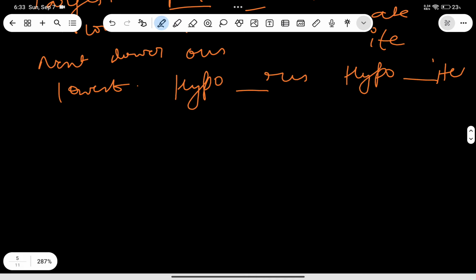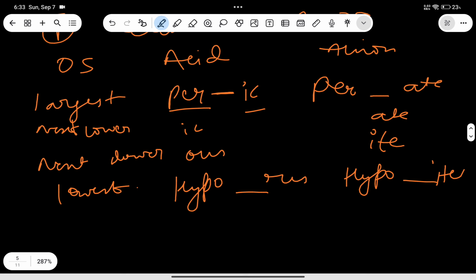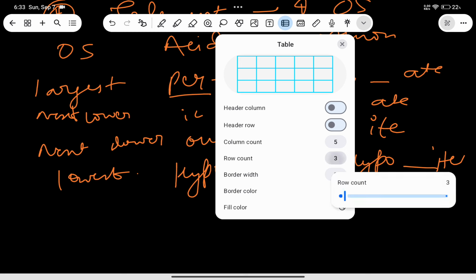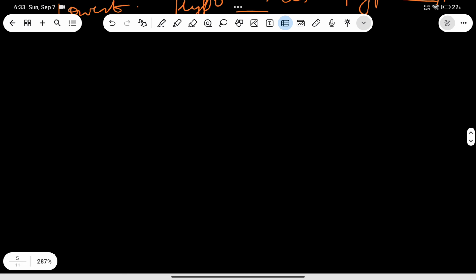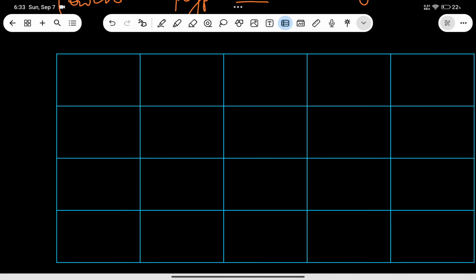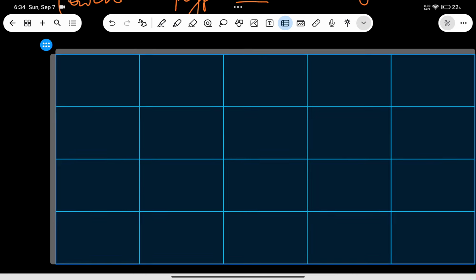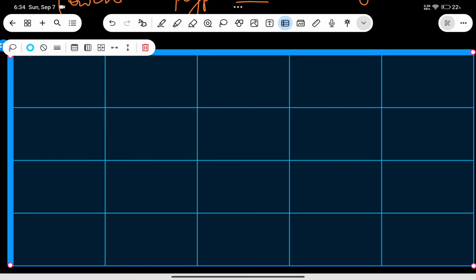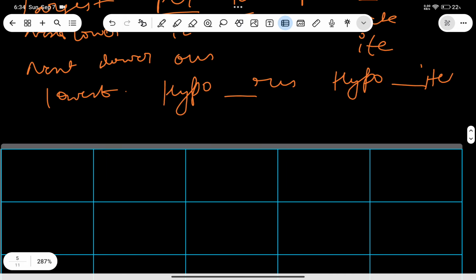Now we're going to deal with 4 examples. So we'll have 4 rows. Let's form these rows and everything. So these are the rows. Now let's get started.